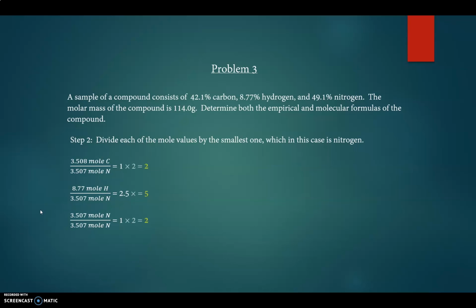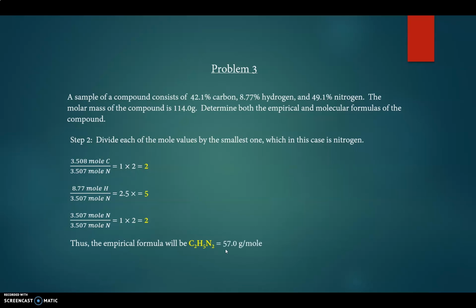We can simply double each of these, because just like in algebra, as long as you do the same thing to everybody, it's fine. So now we simply made the carbon is 2, hydrogen is 5, and the nitrogen is 2. We still have that same ratio, but now they're nice whole numbers. So that gives us an empirical formula of C2H5N2.